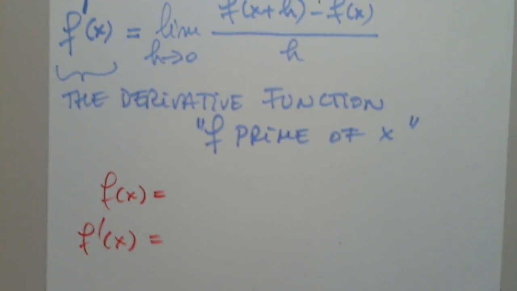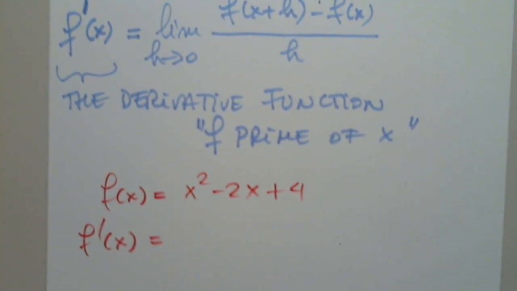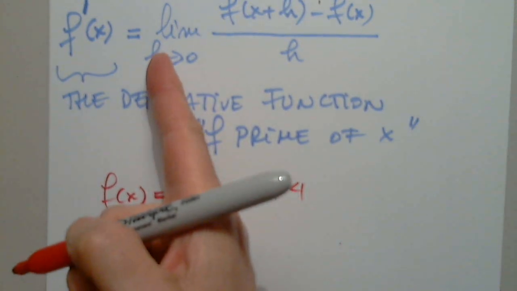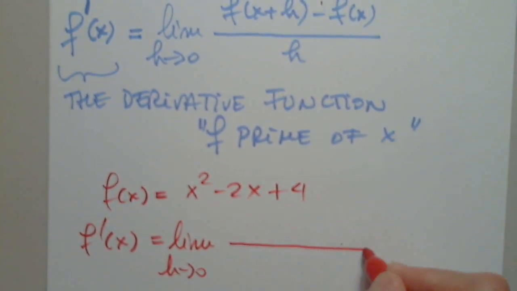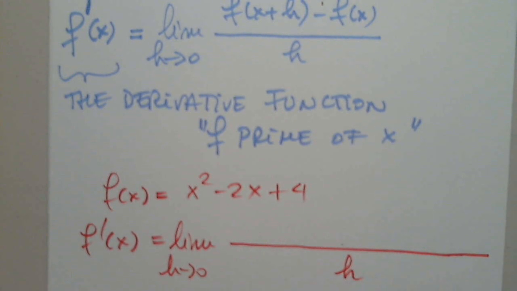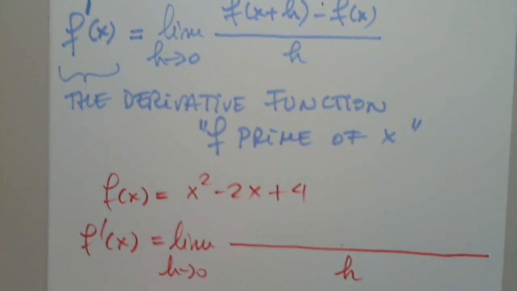Can anyone give us a function? Let's go with, let's say, x squared minus 2x plus 4. Quadratic. Good. So I have to write the limit as h approaches 0. I have to determine f of x plus h as we did before.